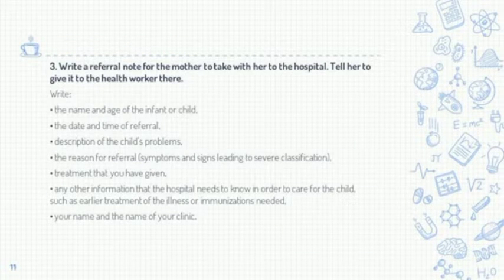Now, if the mother or the guardian of the child granted the permission for a referral, the nurse now will write a referral note for the mother to take with her to the hospital and tell her to give it to the health worker there.